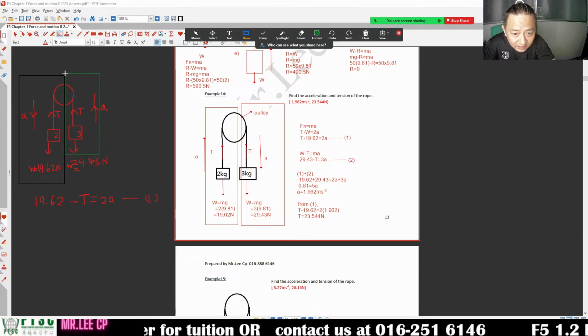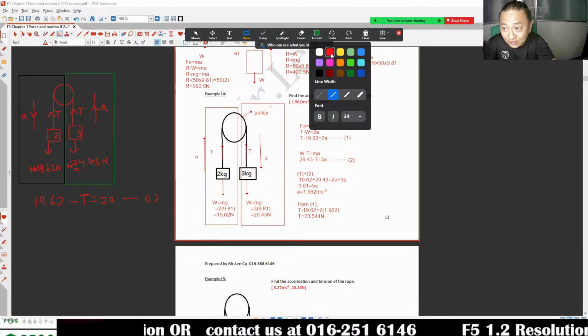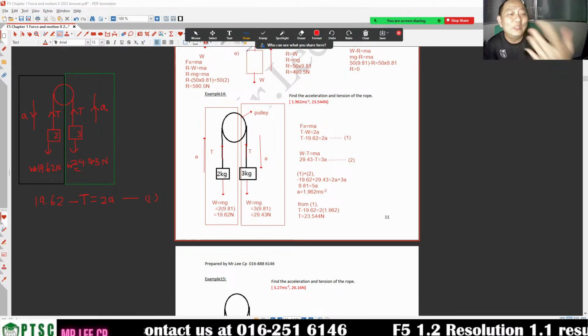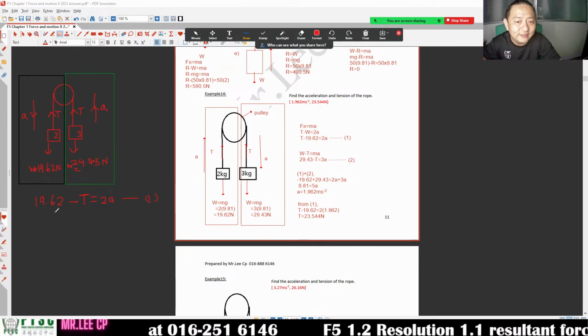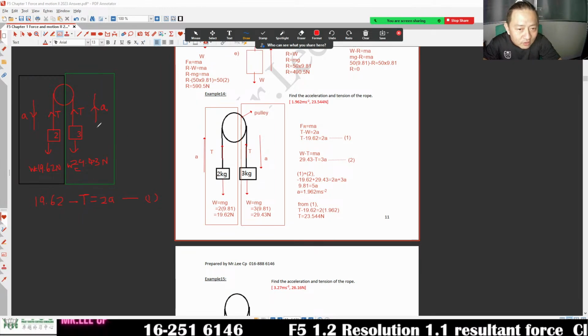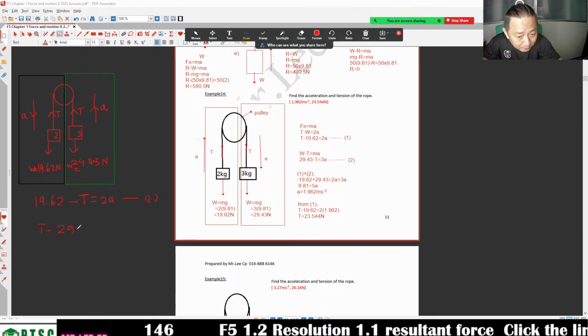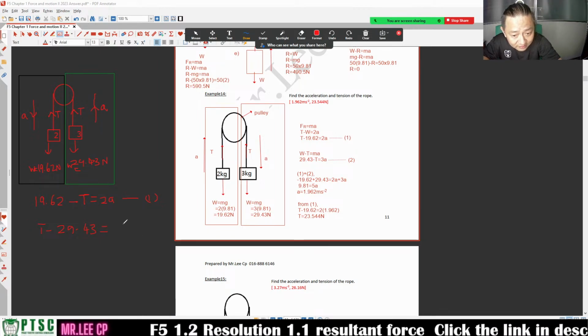And this side is going upward as I told you. I already drew it. Don't ask me why. Because you want to do it this way, then I follow you. This one is going upward, so T is bigger. T minus 29.43 is equal to 3A, MA.